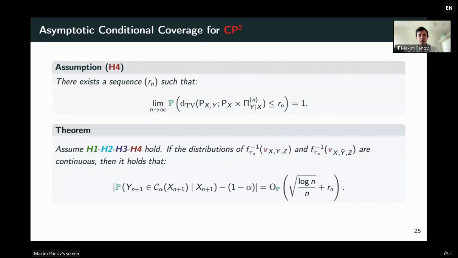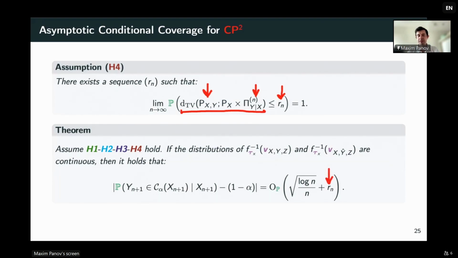And second, we ensure approximate conditional coverage. So basically, if you bound the total variation distance between the true data distribution and the approximate one, for a given n by R_n, then the deviation of our coverage from 1 minus alpha, with high probability, is bounded by square root of log n over n plus this term R_n, which depends on the quality of approximation of our approximate distribution compared to the true one.